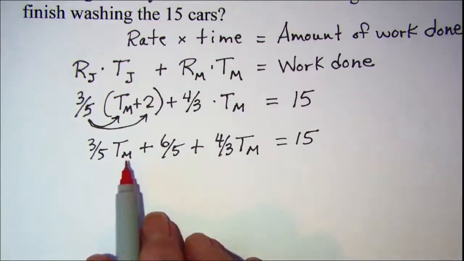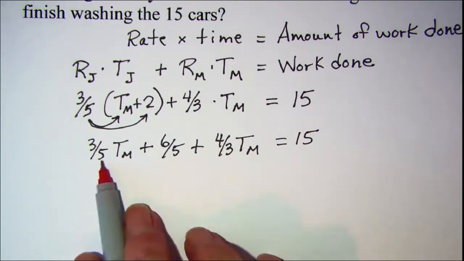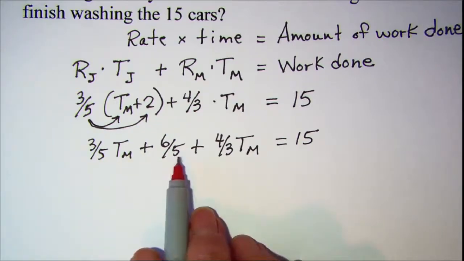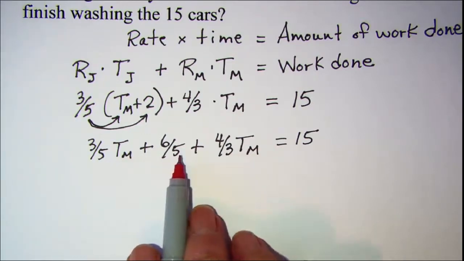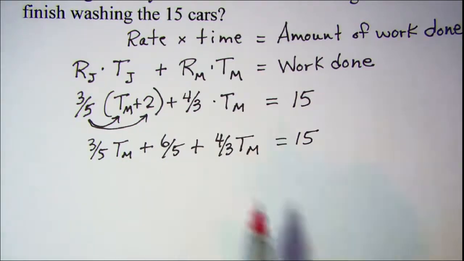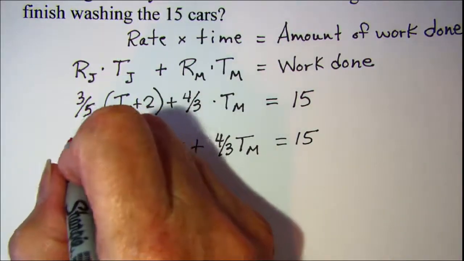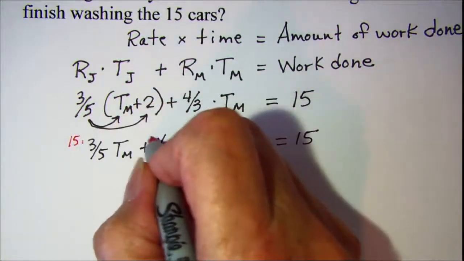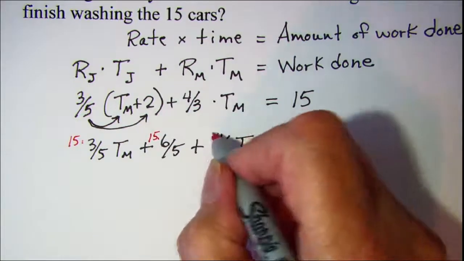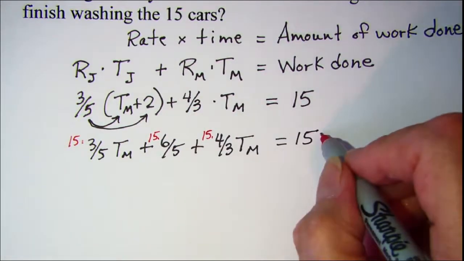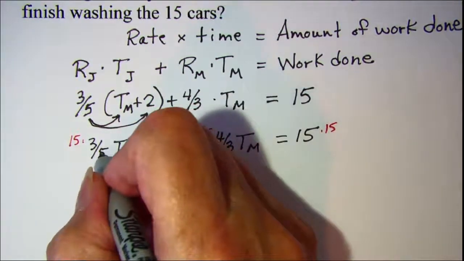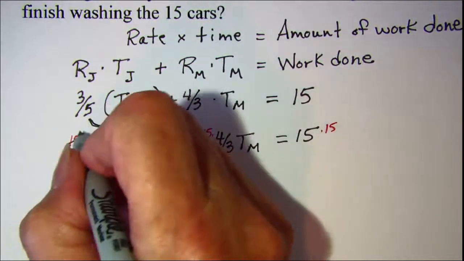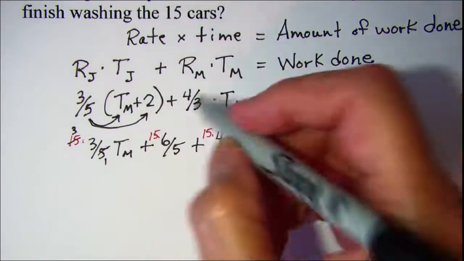Now I'm going to go ahead and multiply through by a number that will cancel these denominators off so that I can work with whole numbers. Looks like 15 will cancel these off. So if I multiply every term, getting rid of the denominators, 5 divides 15 3 times.